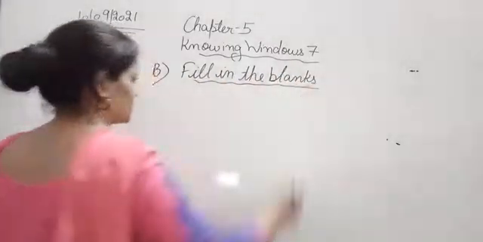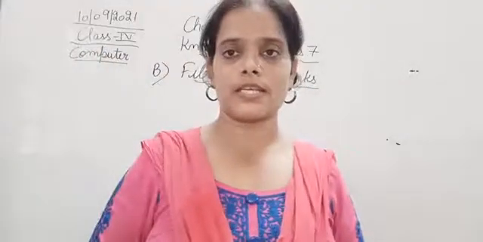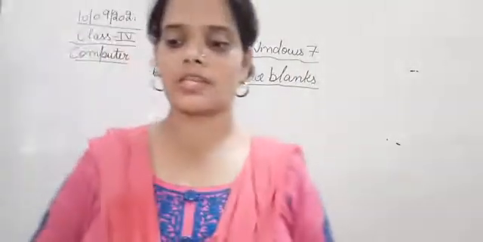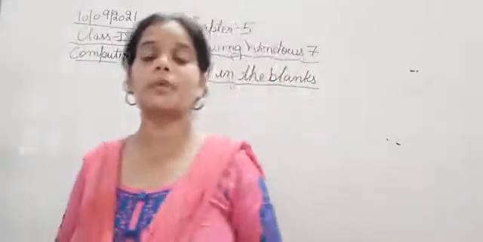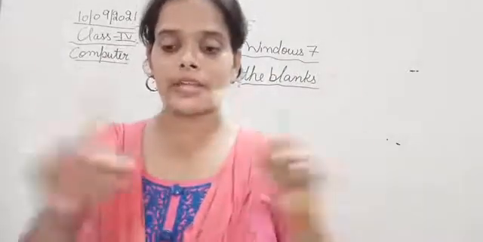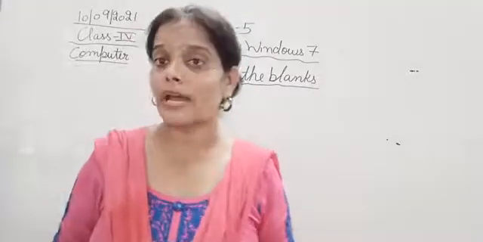Fill in the blanks. The first one: a dash is a rectangular area surrounded by a frame. When we were doing this self-evaluation, I told you that a rectangular area that is surrounded by a frame is called a program window.